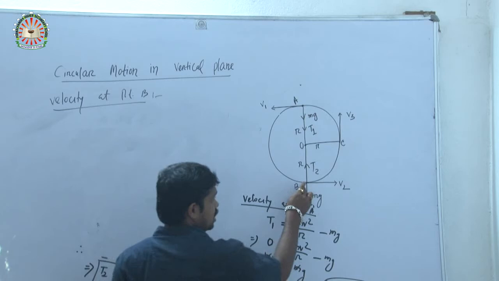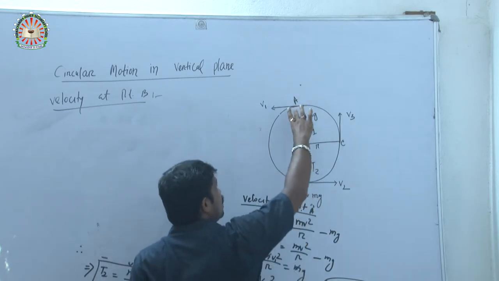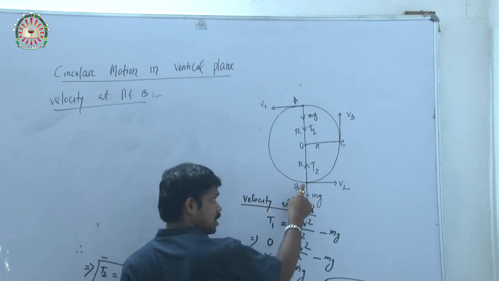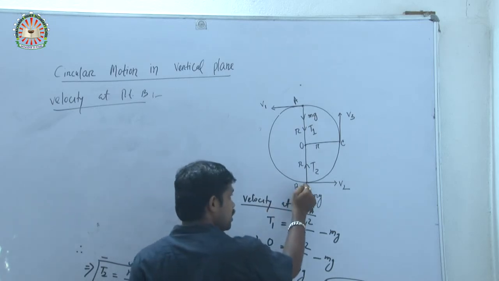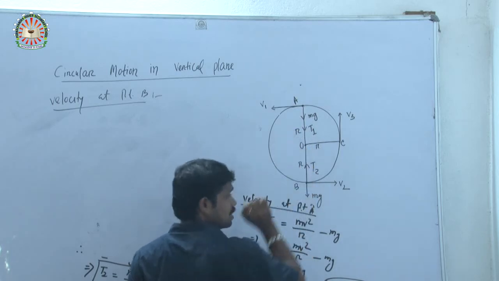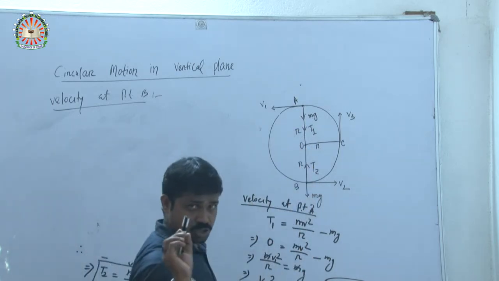Because this is our reference point, we are starting from here and moving from this to this. The vertical path covered is R plus R, that is 2R. Clear? So now we have to apply the conservation of energy.